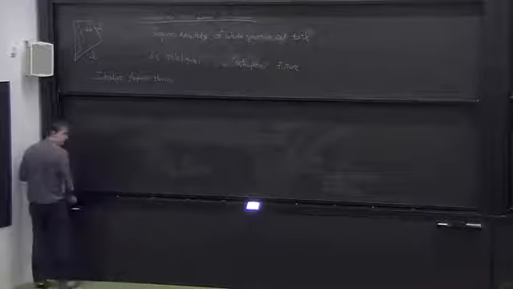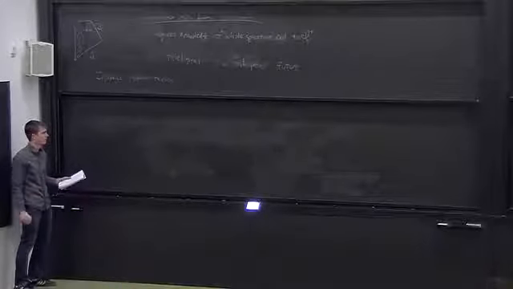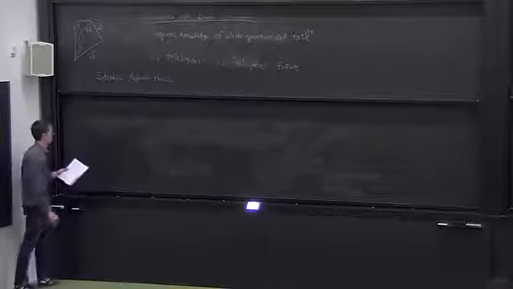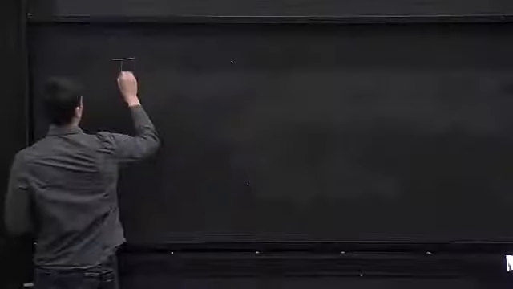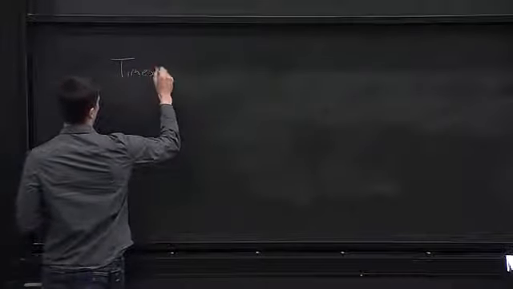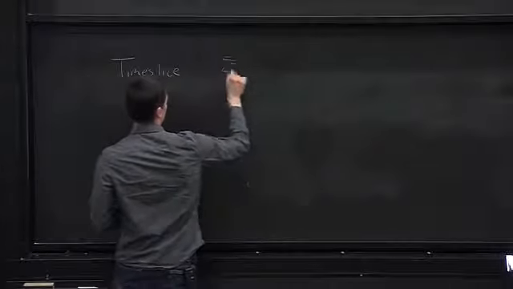In order to define an apparent horizon, we'll need a couple of auxiliary definitions first. So we'll choose some time slice, we'll call it sigma t.